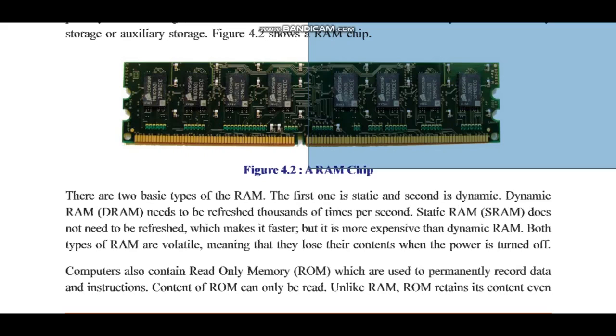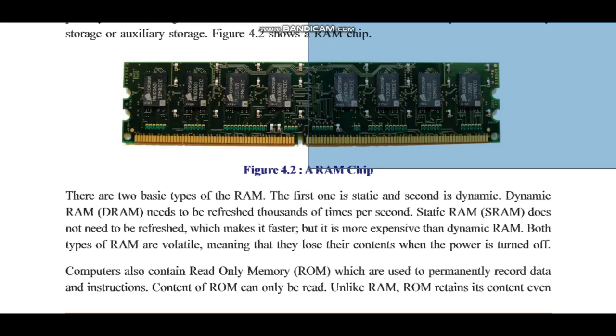Now computers also contain read only memory, that is ROM, which is used to permanently record data and instructions. Content of ROM can only be read, that means you can only read that content, you can't edit it.